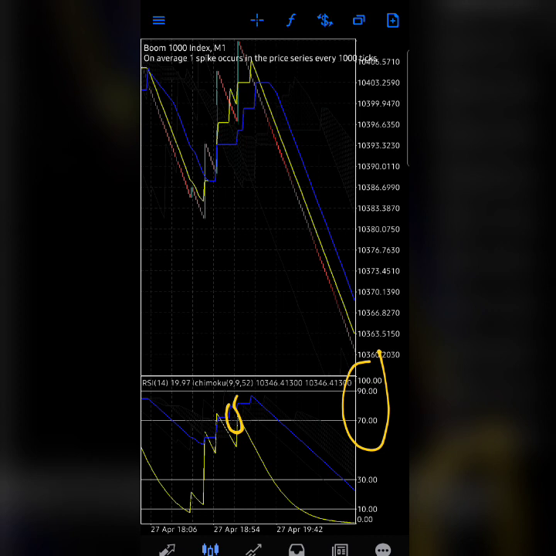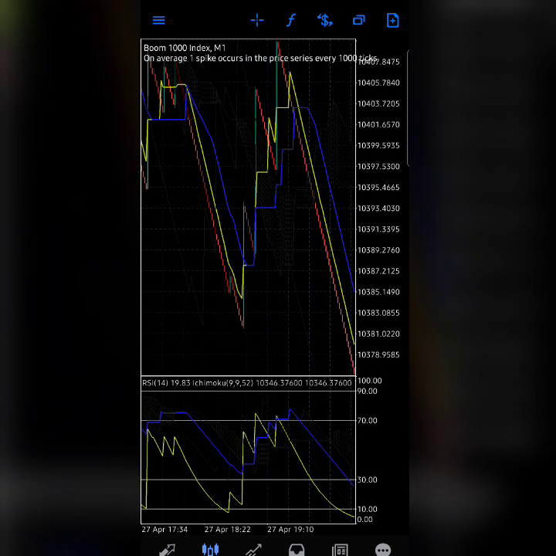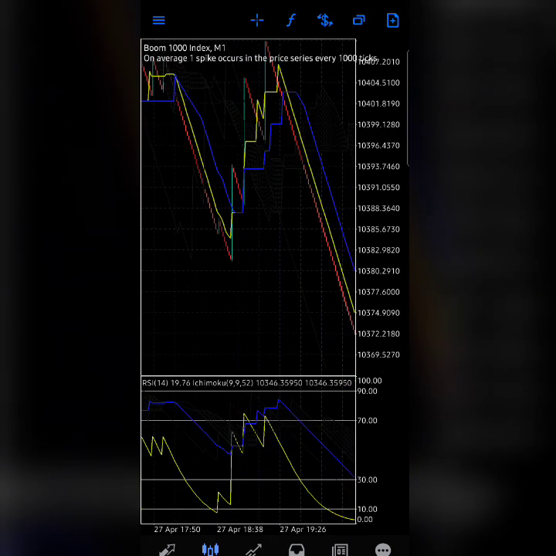Okay, if it is that way, the next second parameter you should observe is the crossing of the blue and the yellow Ichimoku line on your main indicator, on your main chart. If there has been a crossing here, you still don't just go into a trade.